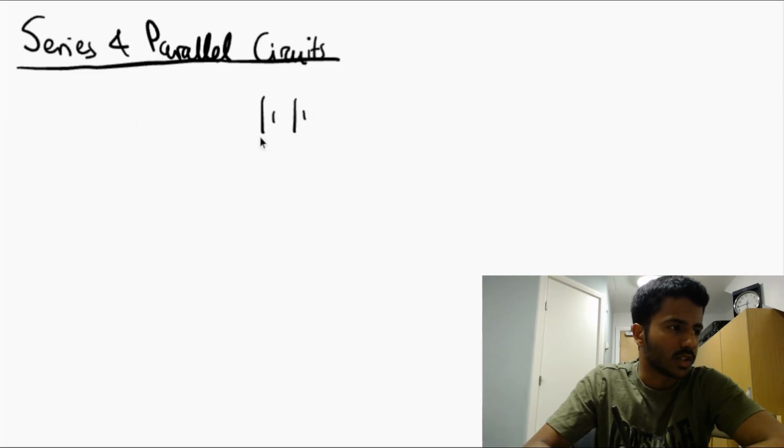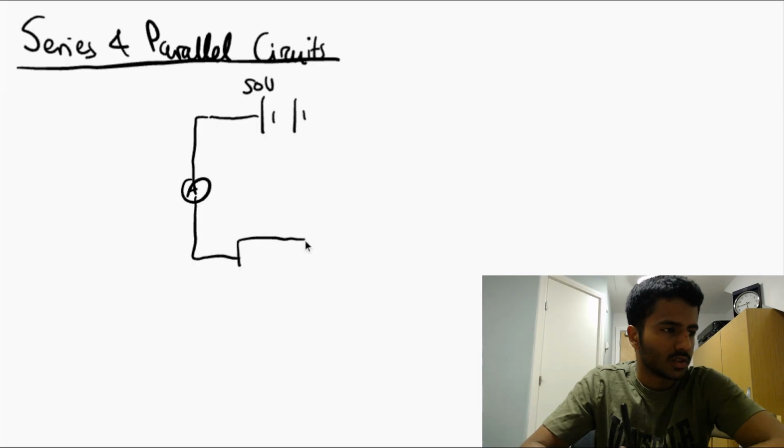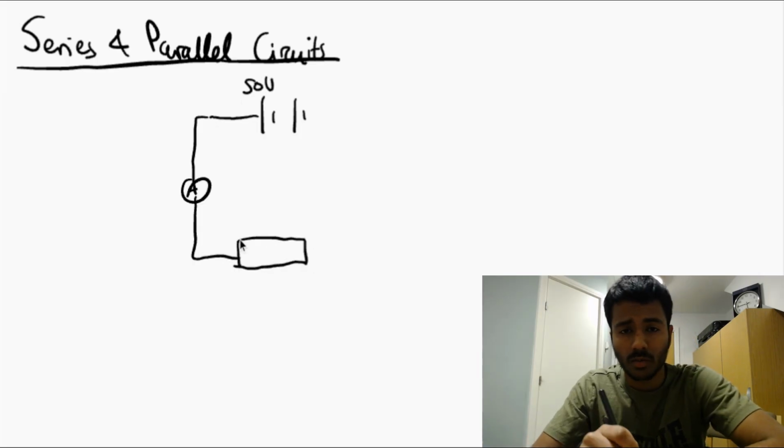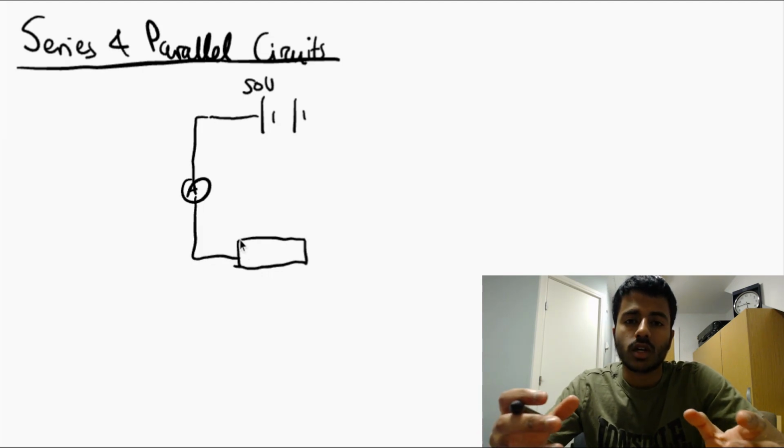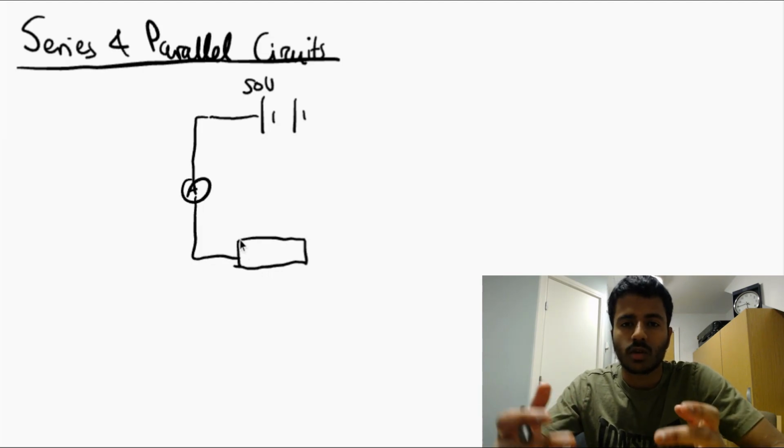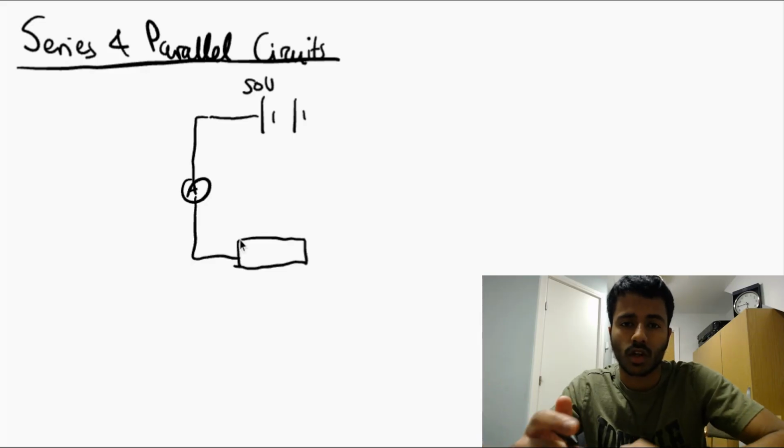So if I have a battery, let's say about 50 volts is being supplied. I'm going to put an ammeter and we have two resistors. Both of them are ohmic conductors. All resistors you can assume in your questions in your exams will be ohmic conductors unless specified otherwise.